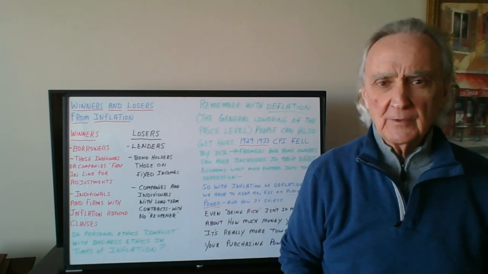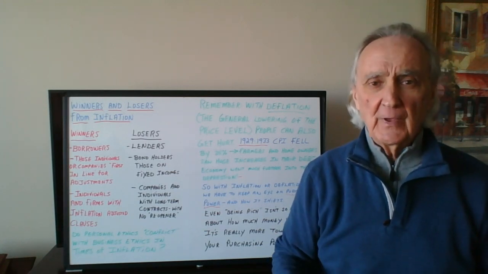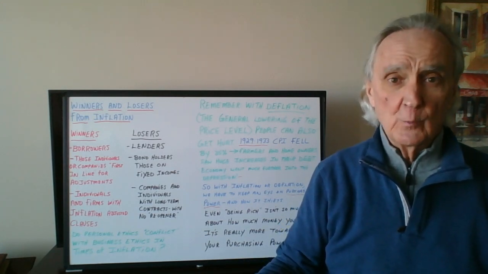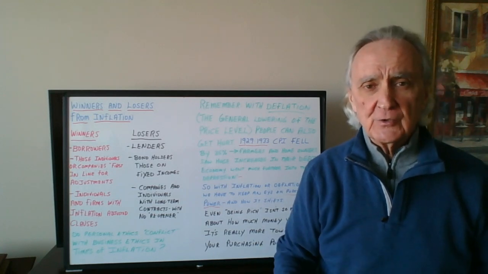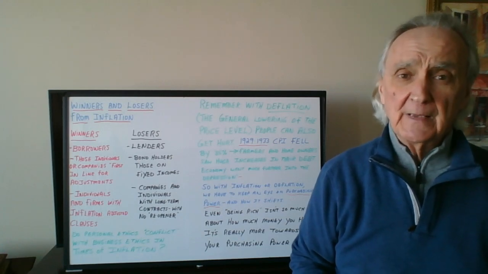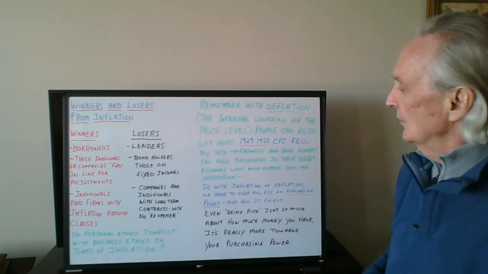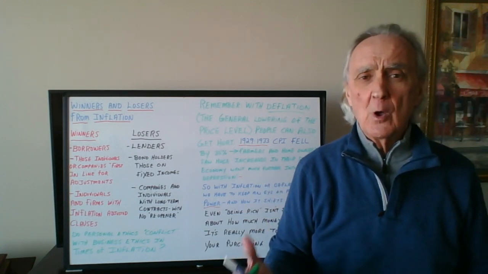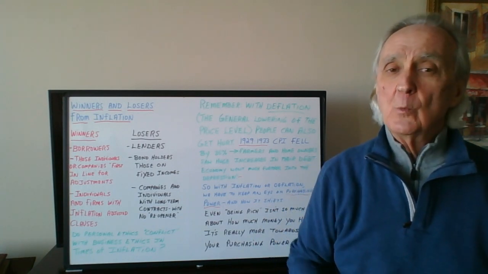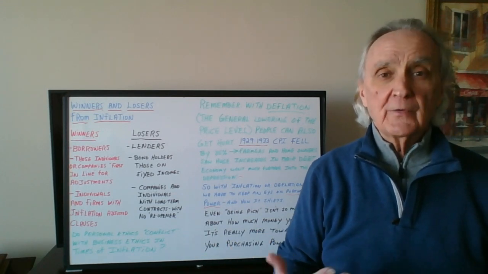Now, just as we talked about the winners and the losers with inflation, and we said if there's a lot of inflation, people who borrowed a lot of money are the winners. Well, with deflation, if you borrowed a lot of money, you are not the winner, you are a big loser. And that's what happened, unfortunately, to a lot of farmers and homeowners back then, because they had these big loans or mortgages out. Now, instead of paying the loans back with cheaper dollars, they're paying the loans back with more expensive dollars.